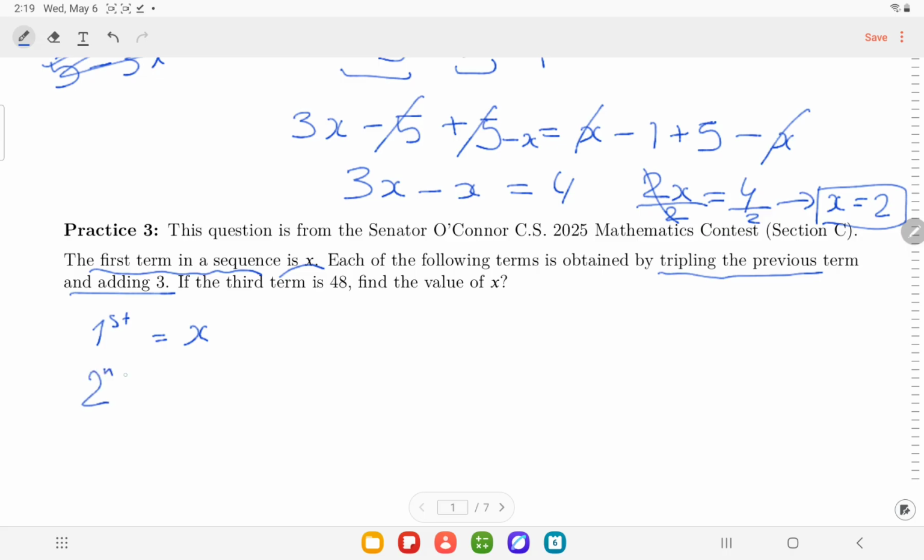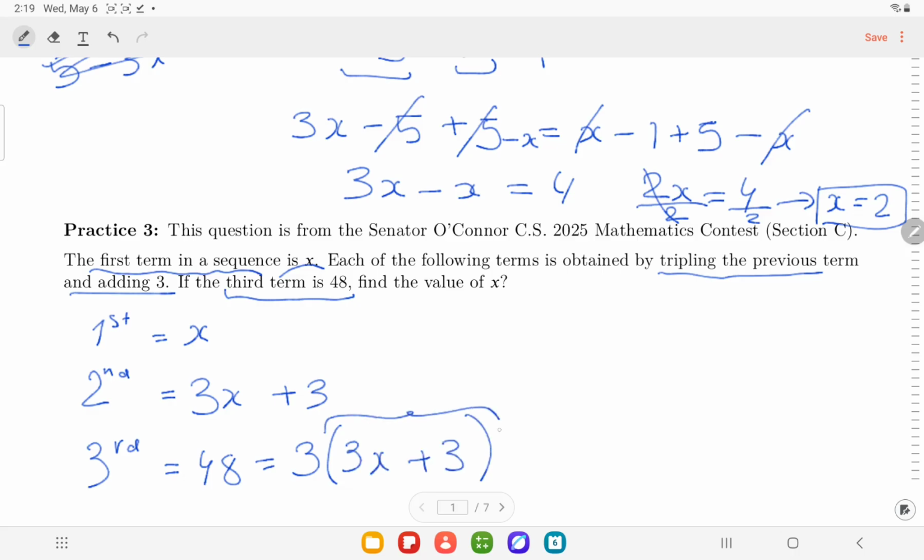So that means our second term is going to be tripling the x and adding 3 to it. And then it tells us that our third term is 48. So our third term is 48, and it is tripling the second term and adding 3. So we triple this entire second term and we add 3 to it.